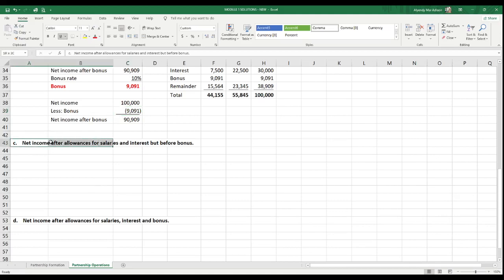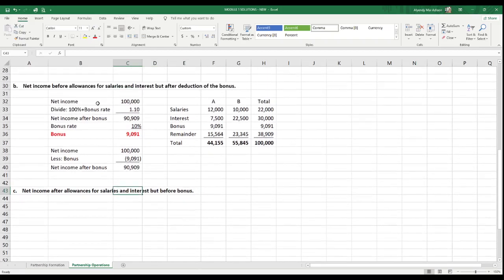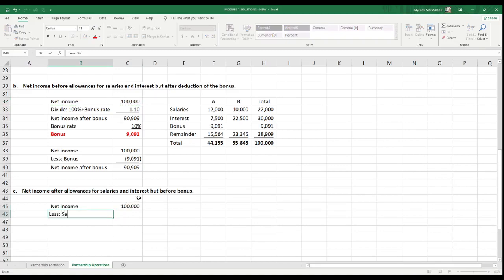For letter C, this is net income after allowances for salaries and interest but before bonus. So when we say after allowances for salaries and interest, that means to compute for the bonus, we will deduct the salaries and interest. How much is the salaries and interest? We can refer to the previous problem.